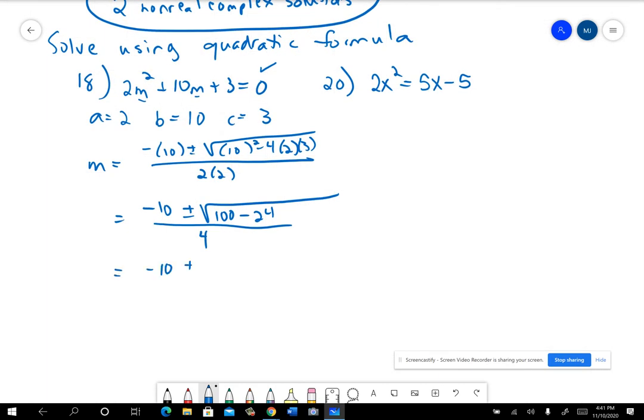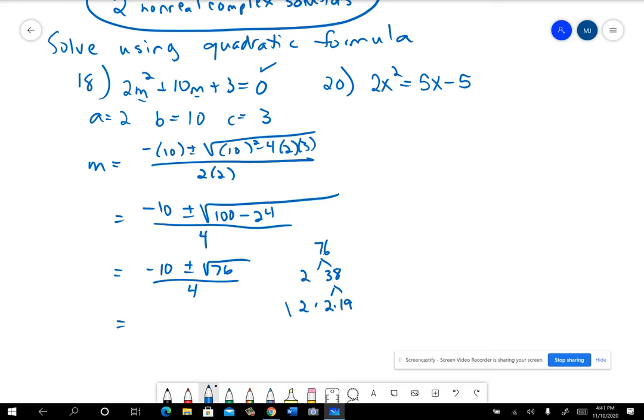That's negative 10 plus or minus square root of 76 over 4. And 76, need to break down. Let's see, 2 will go into it 38 times. So it's 2 2s and a 19. Okay, is that right? Yeah.